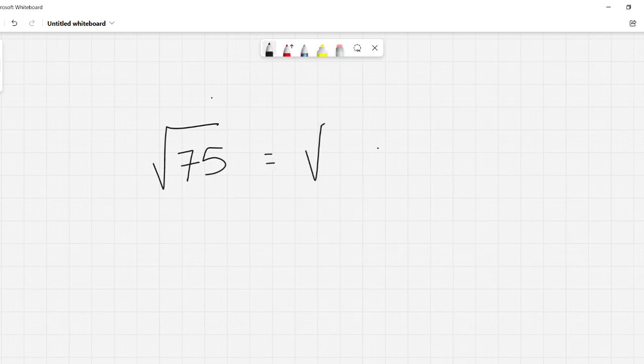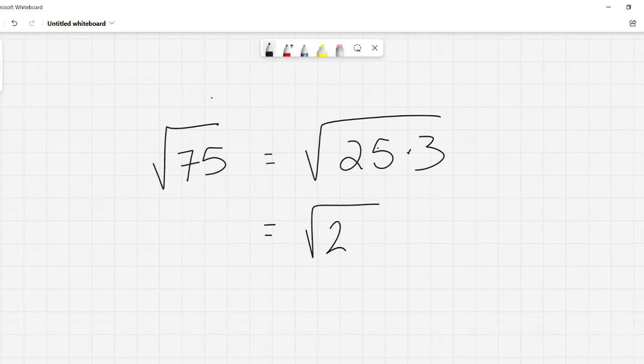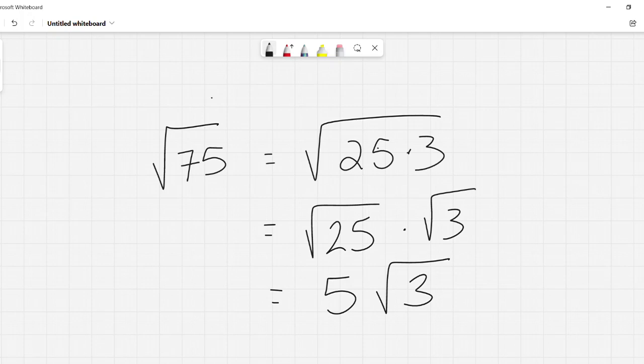So this is 25 times 3, or square root of 25 times square root of 3. Square root of 25 is 5. 5 square root of 3, or 5 times the square root of 3. And there, that's it. We've simplified it.